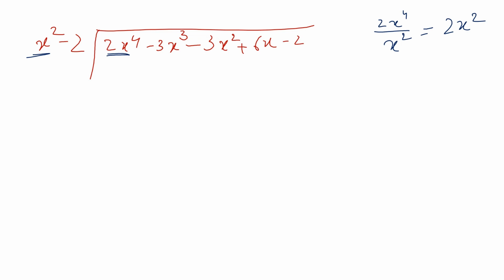So we'll just write it in the quotient place, 2x^2, and subtract. What we get on multiplication is 2x^4, and then 2x^2 multiplied by minus 2, what we get is minus 4x^2.